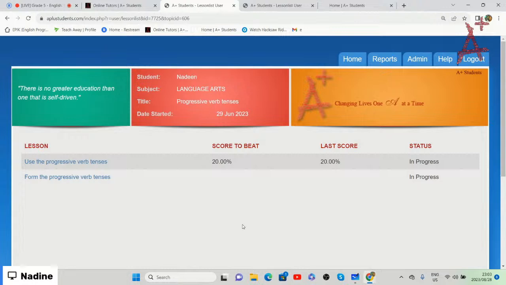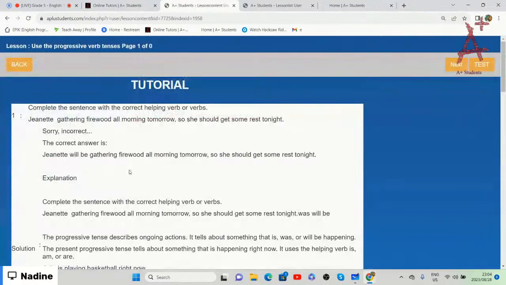We are first going into the lesson of use the progressive verb tenses, and later on we're going to form the progressive verb tenses. So let's go into use the progressive verb tenses.